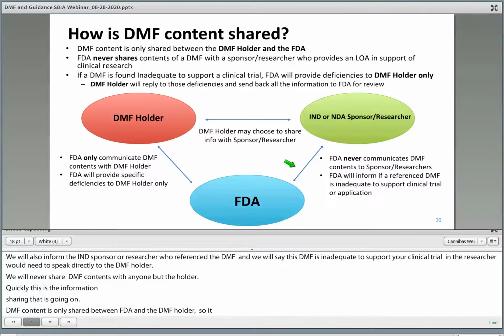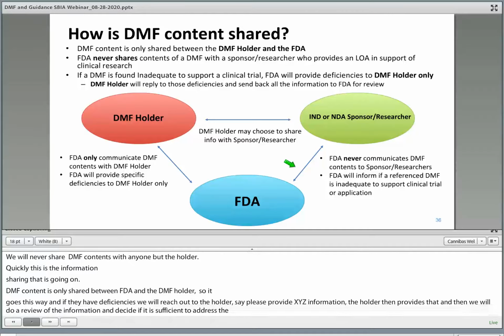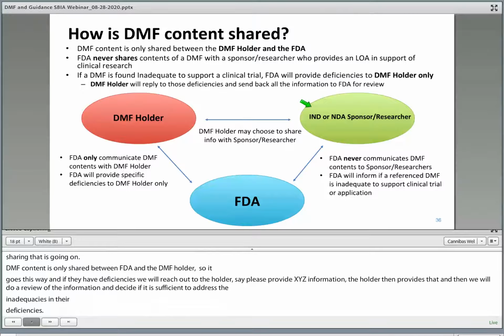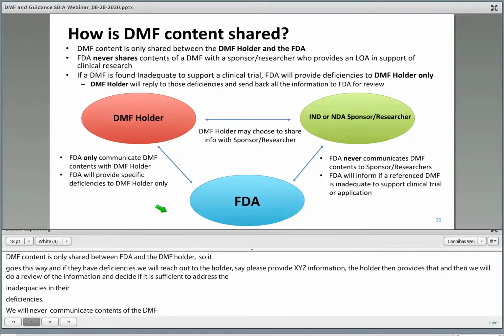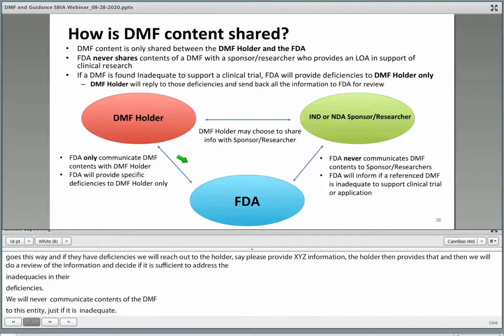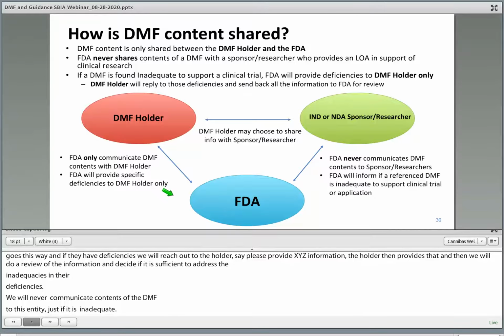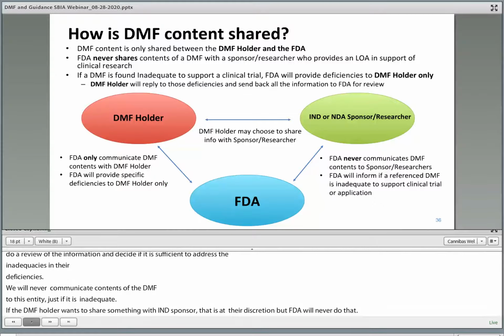FDA will inform the IND or the NDA sponsor researcher if the DMF they reference is inadequate, but we're never going to communicate contents of the DMF to this entity. Now, if the DMF holder wants to share something with the IND sponsor or the NDA researcher, that is at their discretion. FDA will never do that. So it's very important to note that this confidential proprietary information discussion only happens between the DMF holder and the FDA.